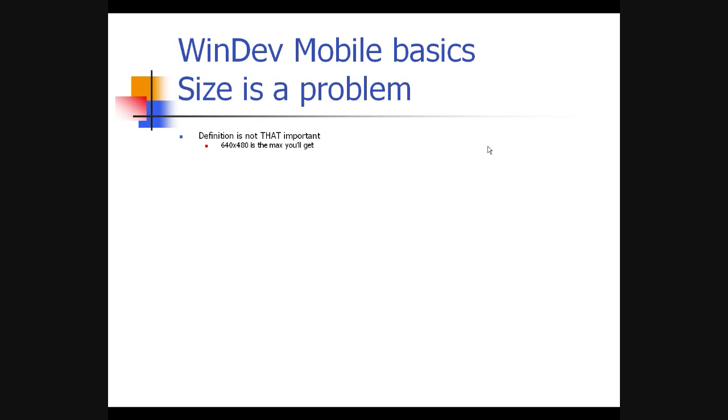So definition is not that important, but still you should know what you're going to get. Basically 640 by 480 is going to be the maximum that you'll find most of the time. Much more often, it's going to be 320 by 240. The device I'm currently using, this HTC, which is quite a high-end device, is 320 by 240. So that's very common. You can of course have lots of very exotic things.